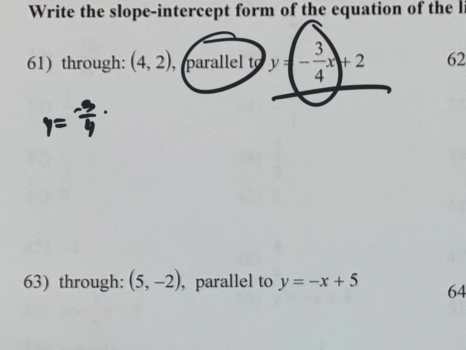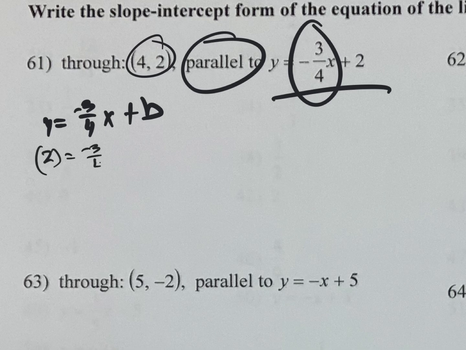All right, y equals negative 3/4 x plus b. So we substitute 4, 2. Okay. Again, please put these in the correct positions.